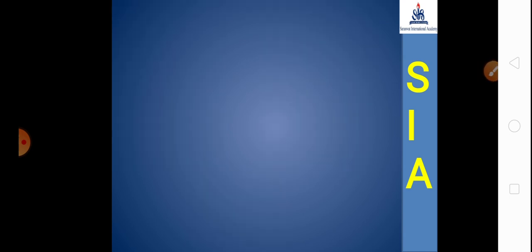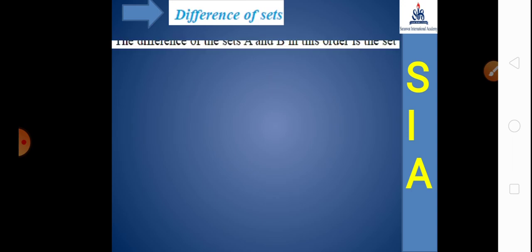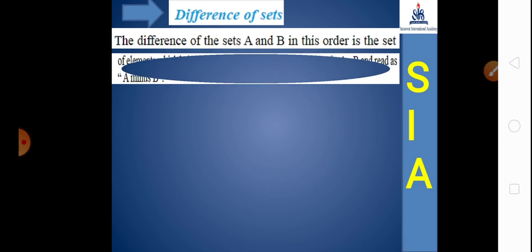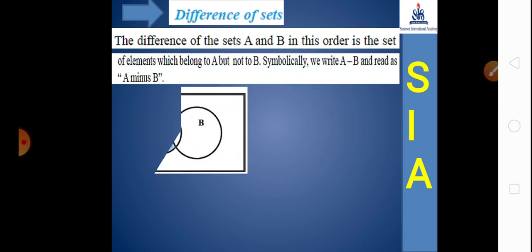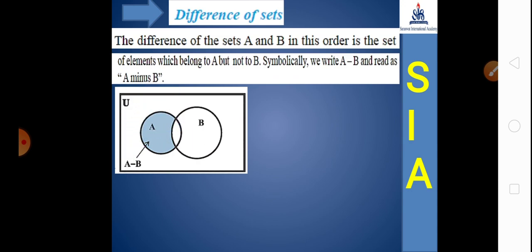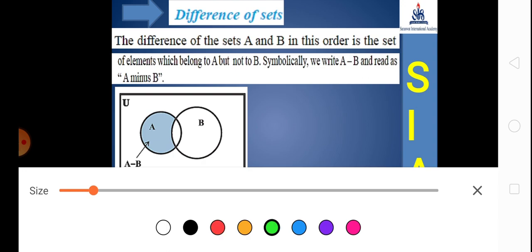Next one. Difference of sets. This is the third topic. First of all, I explained to you the union set, second the intersection set, and third the difference set. Yes, students, difference, you know that it is a subtraction. So the difference set is indicated by A minus B or B minus A. So in drawing I explain to you. See here students, only A is shaded, the portion given to B here is deleted.